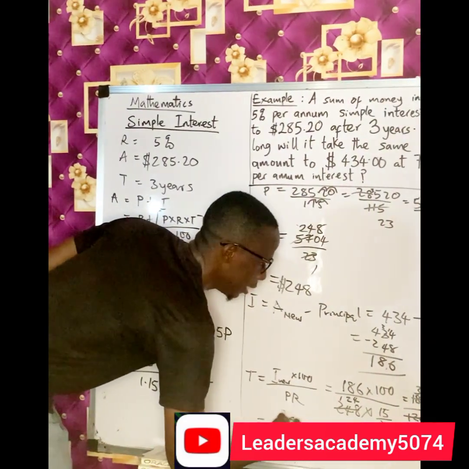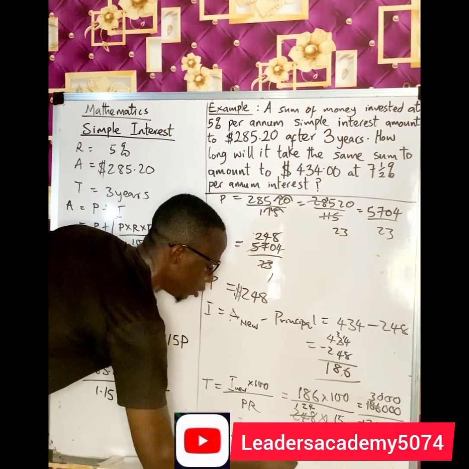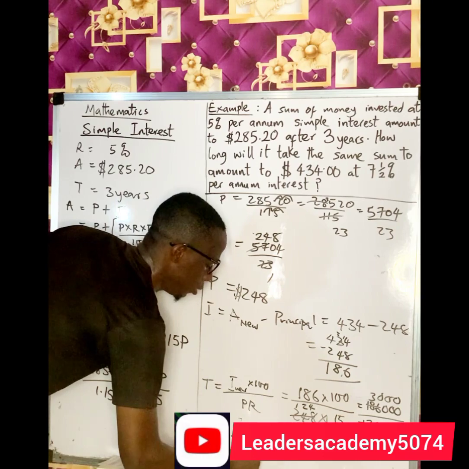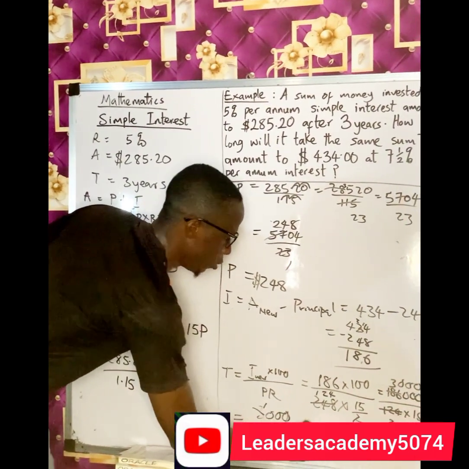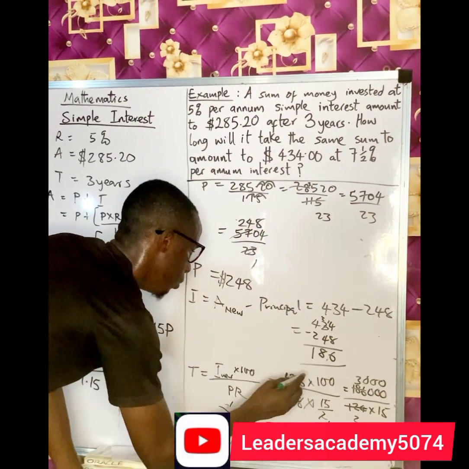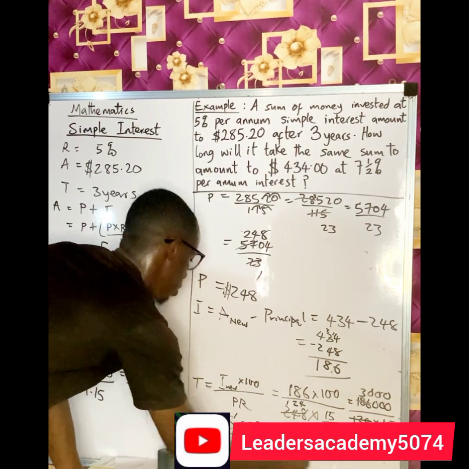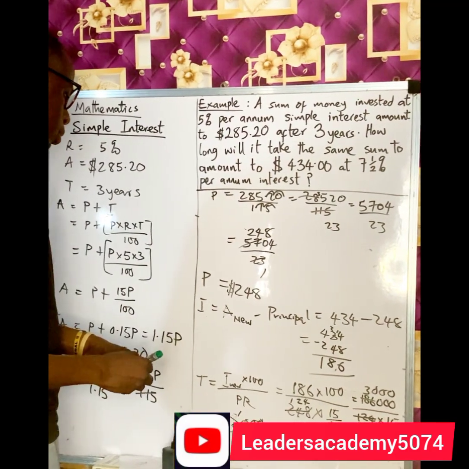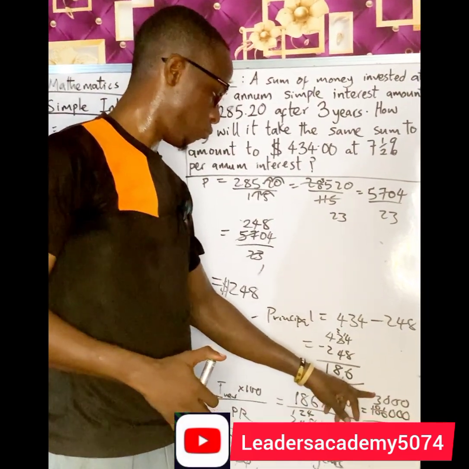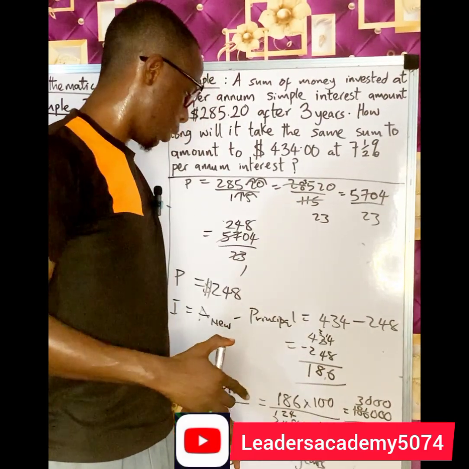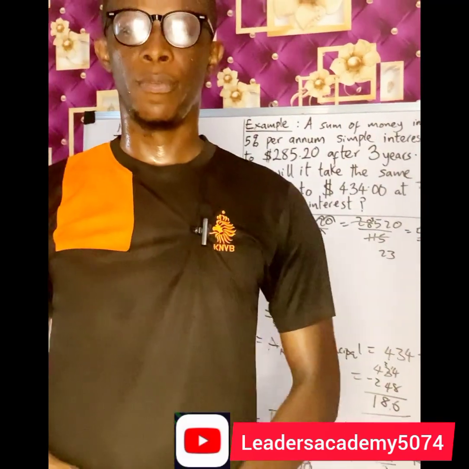So you have 3000 over 30, which gives about 100 years.